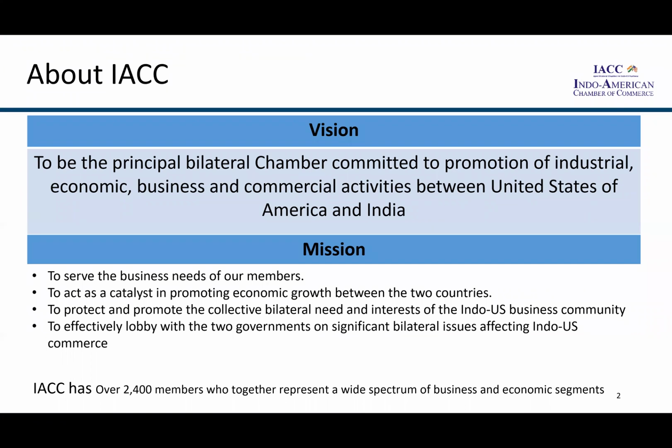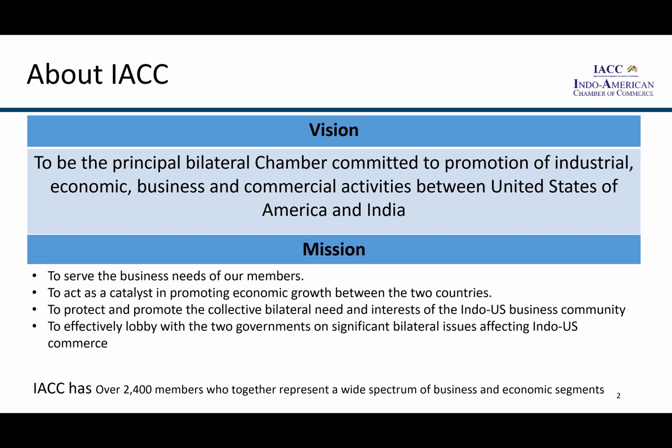So before I begin, I want to give you a small brief about the IACC. The Chamber is committed to promoting industrial, economic, business, and commercial activities between United States and India. The Apex Bilateral Chamber is a non-government, industry-led, and industry-managed organization.